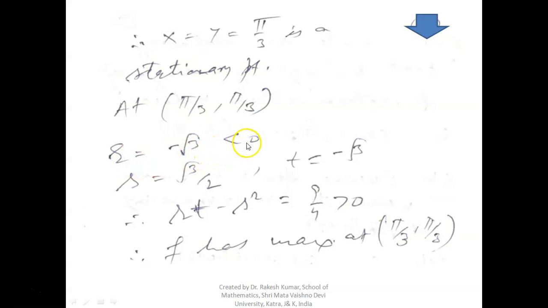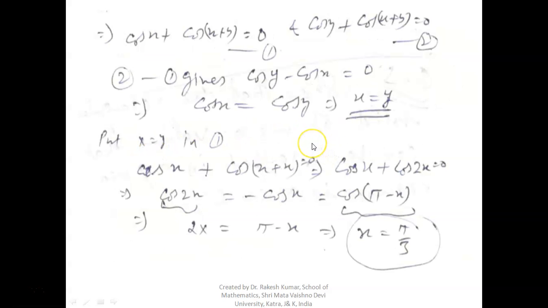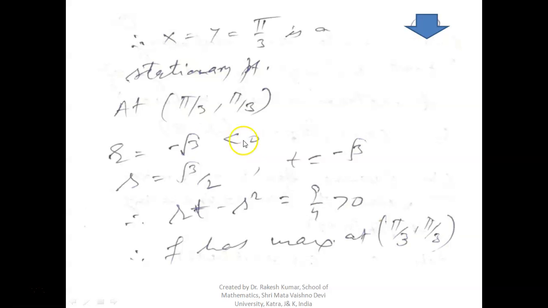R is less than 0. If you put these values in here, you will get this less than 0, square root 3 minus square root 3, and s will be square root 3 upon 2. T is equal to minus square root 3.